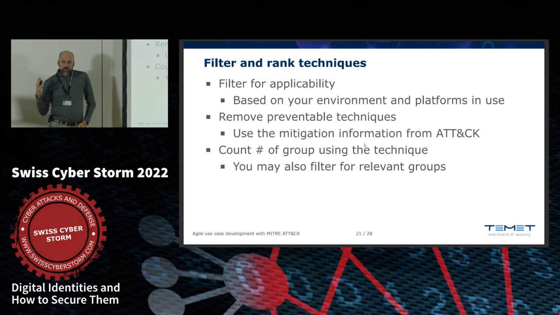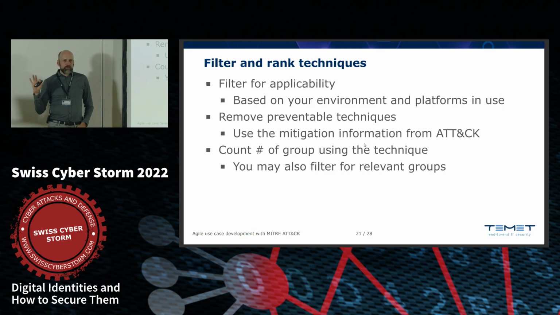And then the last point you can use is the number of groups that are using this technique. You can simply count how many groups are using which technique, which gives you an indicator of how relevant the technique might be, because the more groups use it, we would assume it's more important to detect, because you will detect more groups, more actors.